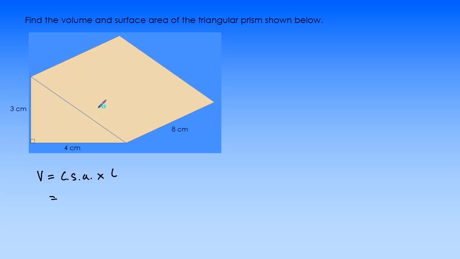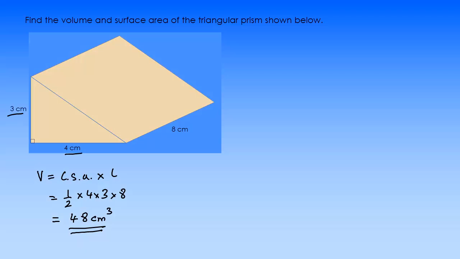But if we slice along this way, we'd always have this triangle at the end. So the triangle has a base of 4 and a height of 3, so its cross-section is a half times 4 times 3, and the length is 8. So that's 2 times 3, 6 times 8 is 48, so that's 48 centimetres cubed.